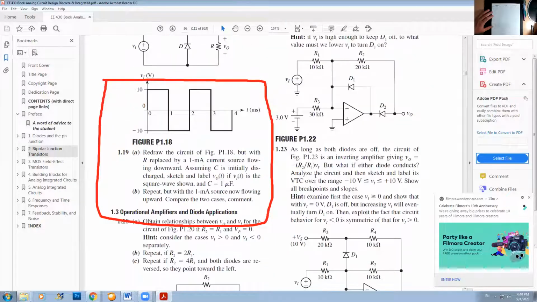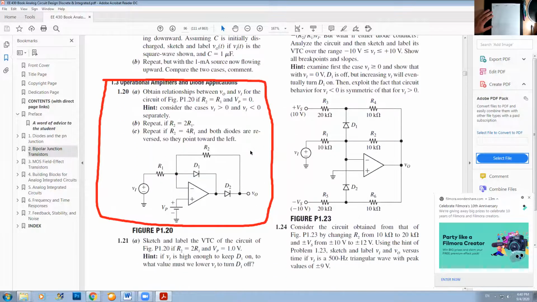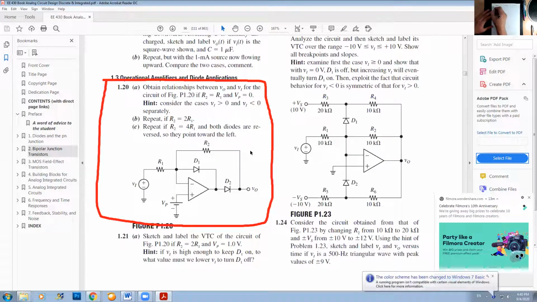Page 96. So I'm going to read it, put the circuit, then come back and analyze it. Obtain the relationship between V0 and V1 for the circuit of figure P1.20, if R1 and R2 are equal and Vp is equal to 0. Hint, we need to apply two cases.